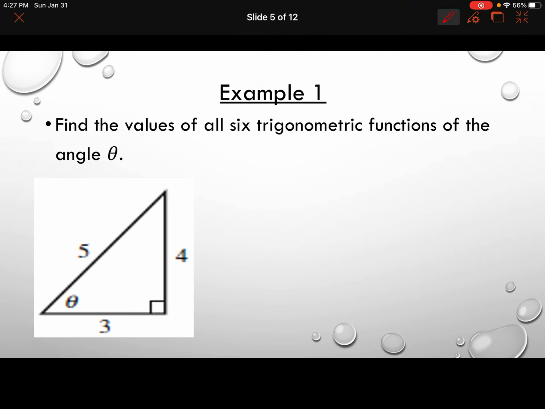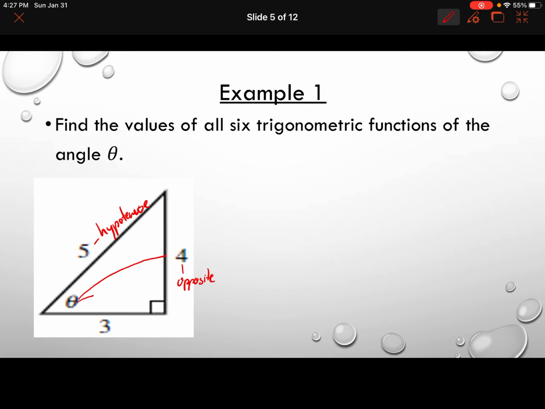Okay? So once again, the hypotenuse is always, or hopefully should be, the easiest one to identify because it is literally the longest side of the triangle, or the side opposite the right angle. Once again, the side that's on the other side of the angle, we call the opposite side.